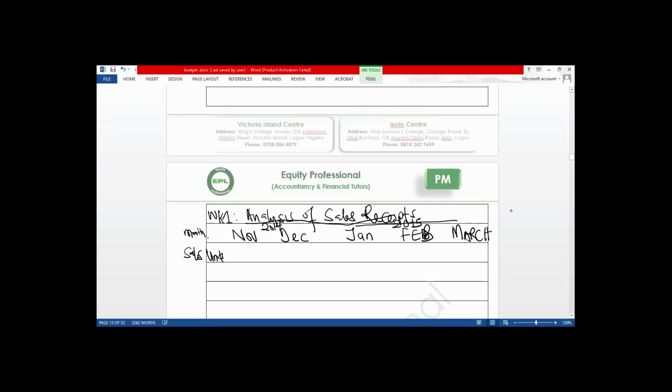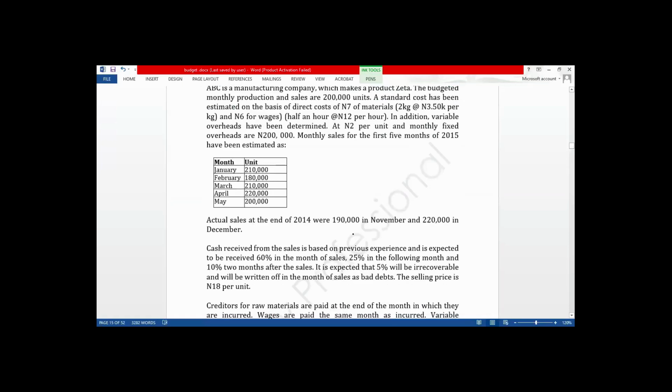The sales units for November, let me take you to that place that you'll be wondering, where am I getting this figure from? At the end of 2014, were 190,000 in November. That is the units in November and December.